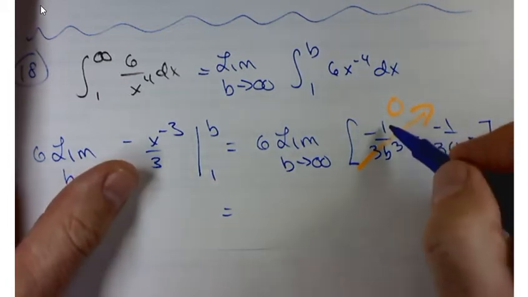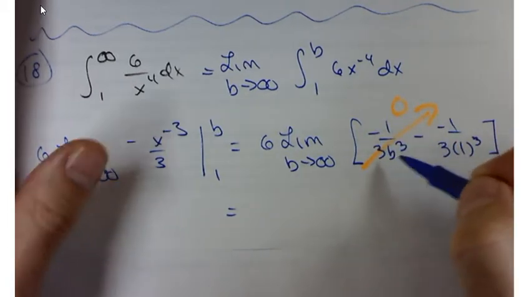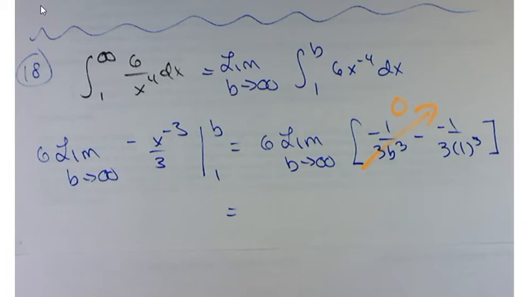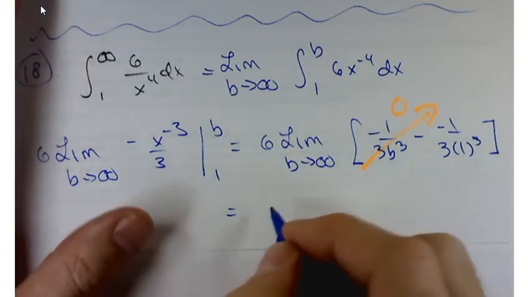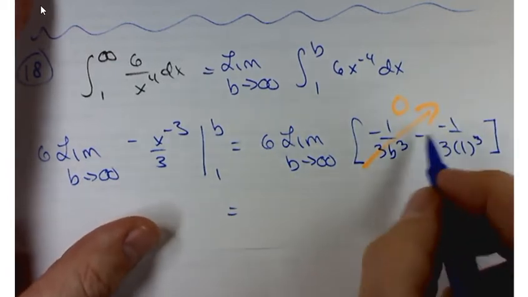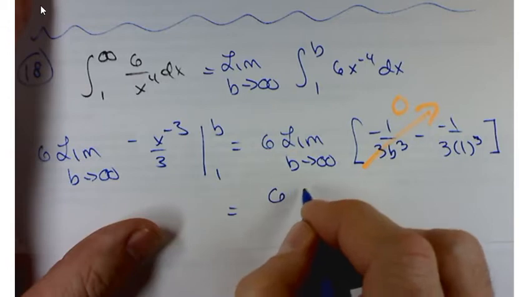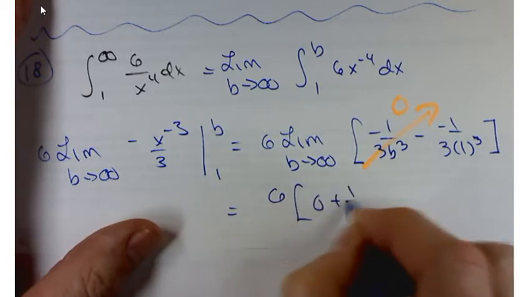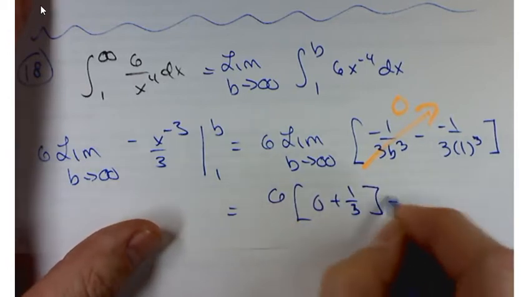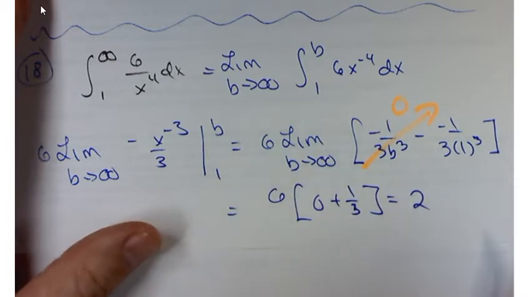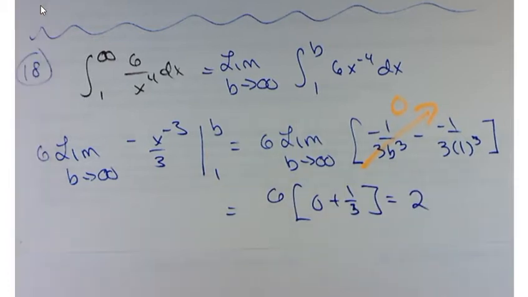You're dividing something constant by something that's growing at a polynomial rate. It's just going to go to 0. Last but not least, this is a minus and a minus, so that's a plus. So I'll have 6 times 0 plus 1/3. 6 over 3 is going to be 2. So that's the total area, 2.